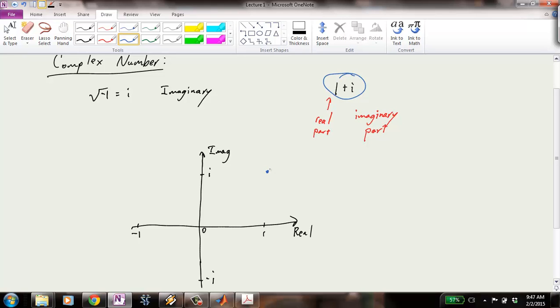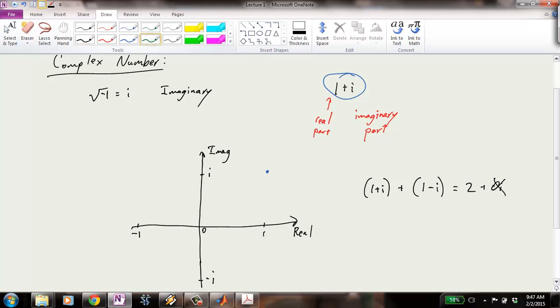And adding complex numbers is very straightforward because the real parts add and the imaginary parts add. So let's take this 1 plus i and add 1 minus i. The real parts add, you get 2 plus 0i, so it's just 2.